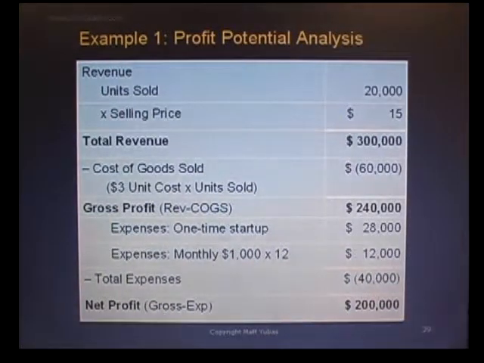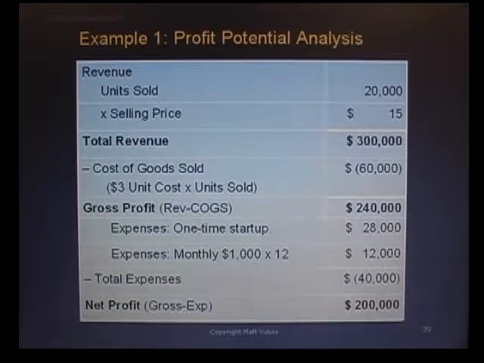Now, here's a basic example. So let's say you're going to sell 20,000 units, and let's say the selling price is $15. Total revenue, $300,000. Cost of goods sold, so you have $3 per unit, and you sold 20,000, and you've got $60,000 in cost of goods sold.